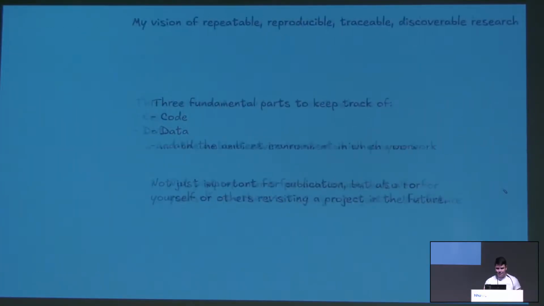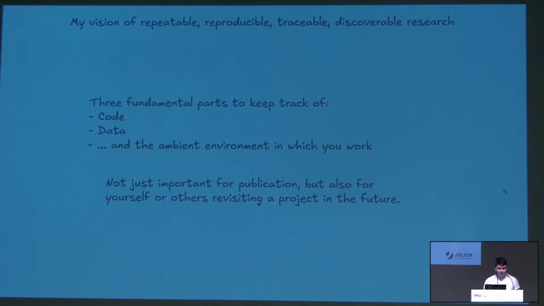So yeah, that means we have 3 fundamental parts to keep track of in this artifact, which is code, data, and the ambient environment around it in which you have worked. In the code world, if you're a software developer, you are already using Git to keep track of your code, probably, or some other version control system. I think 99% of developers do that.